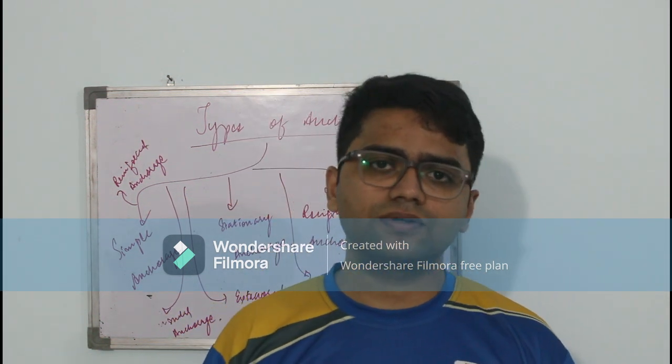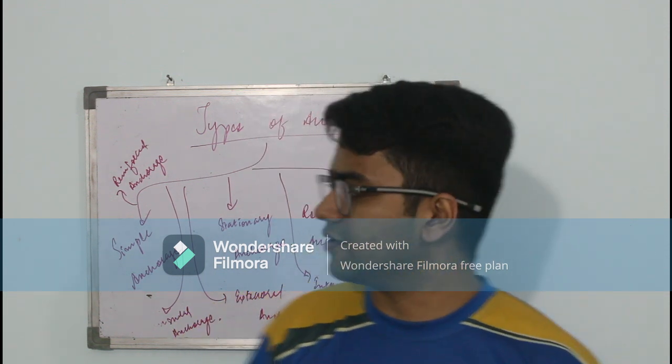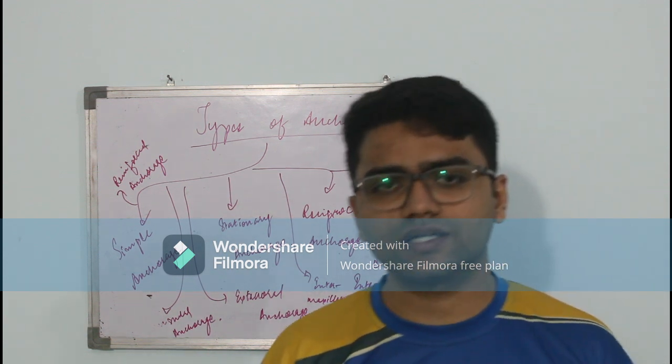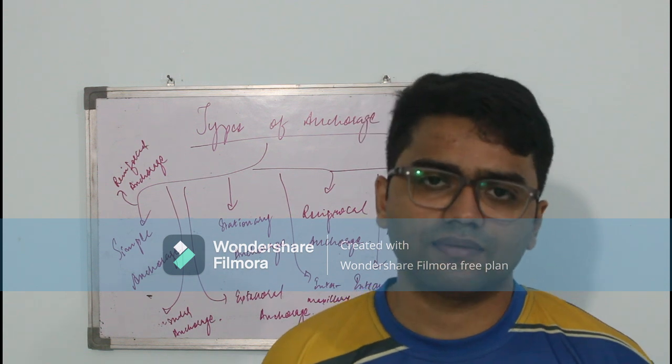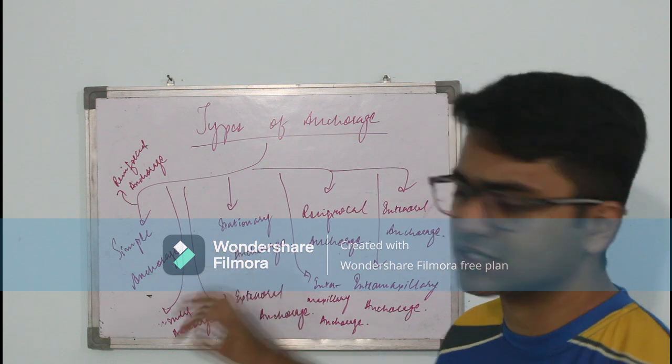Now let's speak about the types of anchorage. The first type is simple anchorage. Whenever we speak about simple anchorage, the forces that we use are very less, and the tipping type of movement is seen in these anchorage units. That is the basic difference between simple anchorage and stationary anchorage.